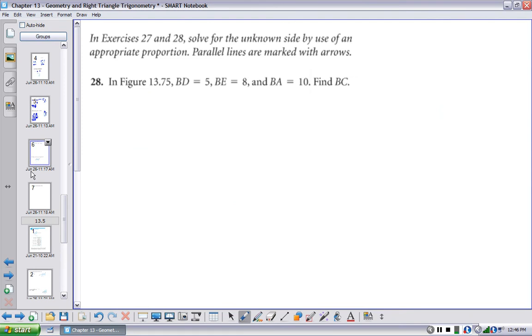All right, the next problem says solve for the unknown side by using an appropriate proportion. Parallel lines are marked with arrows.